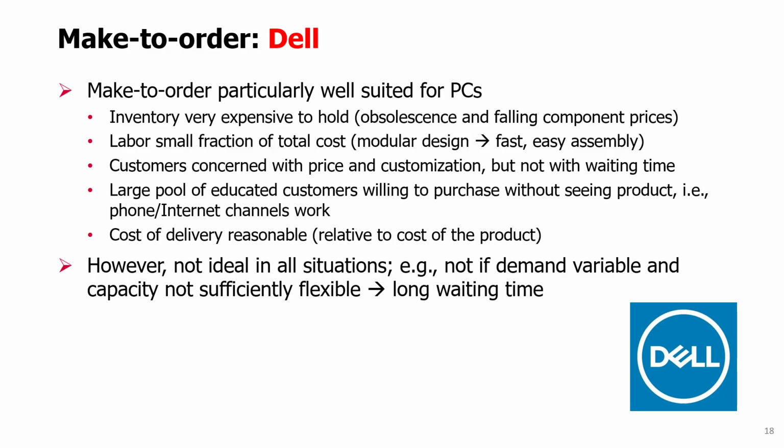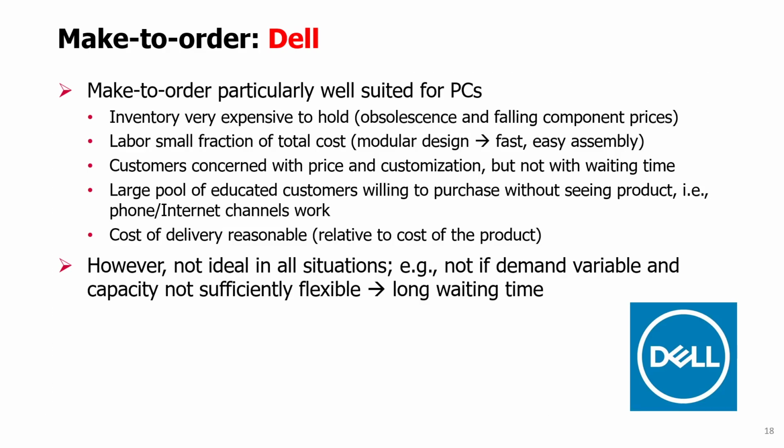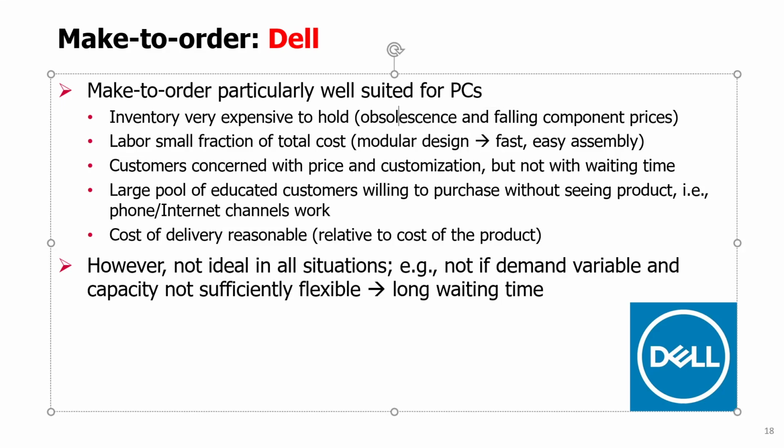The reason for it to be so successful is that if you hold finished products, they're very expensive to hold. They suffer from very high obsolescence cost. If you have a finished PC today that you sell for $1,000, in a month or a few months you might have to discount it by a significant fraction in order to be able to sell it.